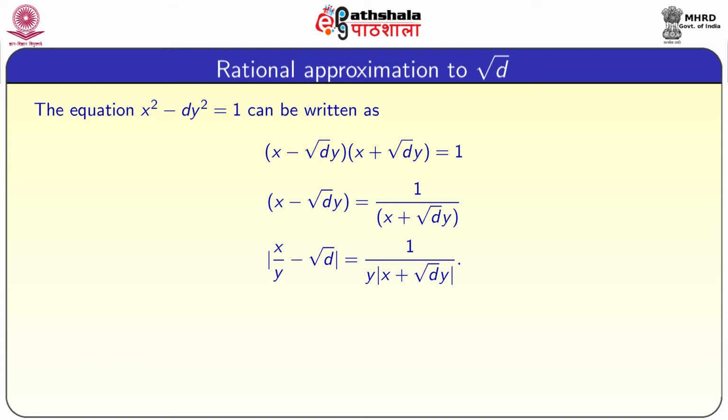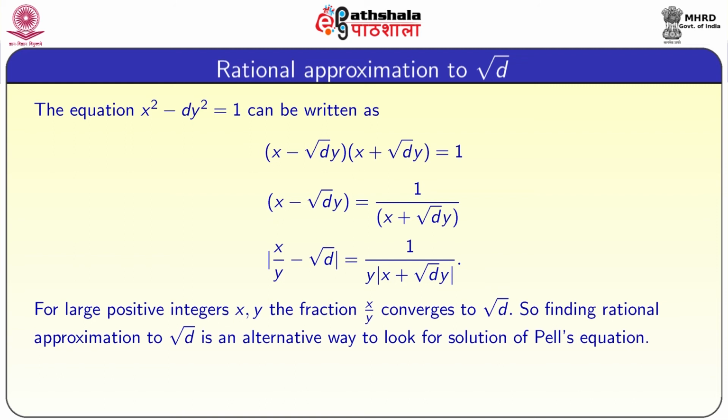That is, x minus root d times y is equal to 1 by (x plus root d times y). Equivalently, if you divide throughout by y, the modulus of x by y minus root d is equal to 1 by y times the modulus of (x plus root d times y).